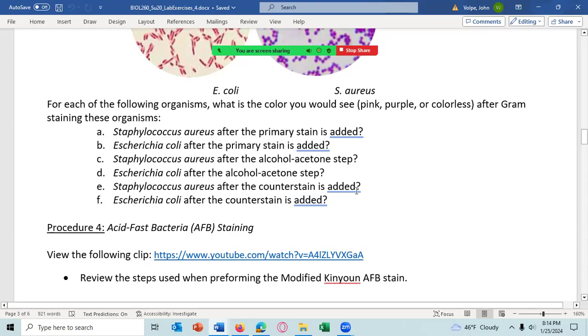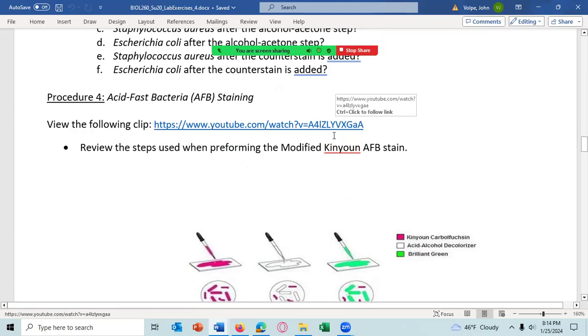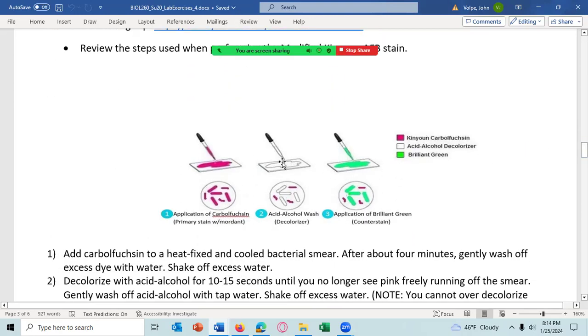All right, procedure 4 is looking at the acid-fast stain. We have a video clip on performing the acid-fast stain. In the acid-fast stain, you first apply carbol fuchsin, and it is the primary stain which will color all cells pinkish.